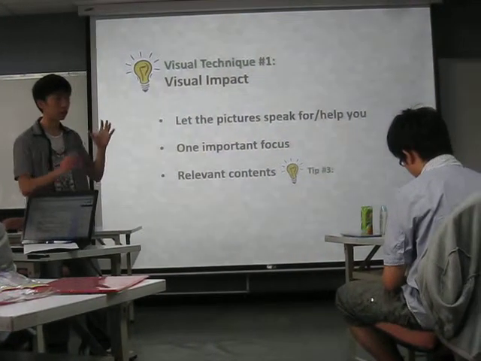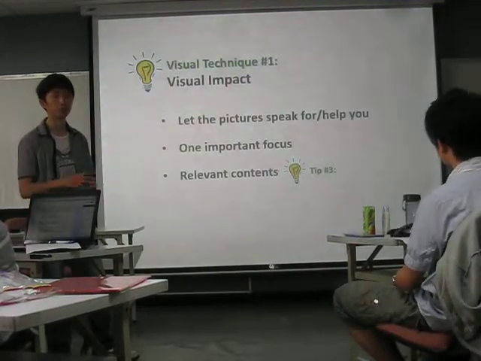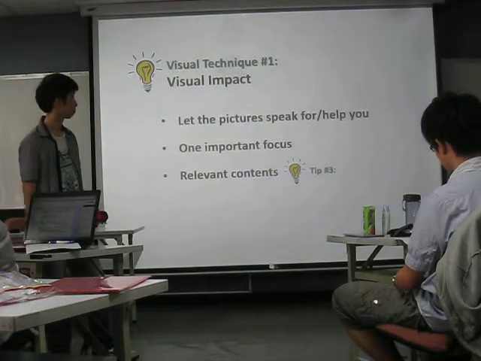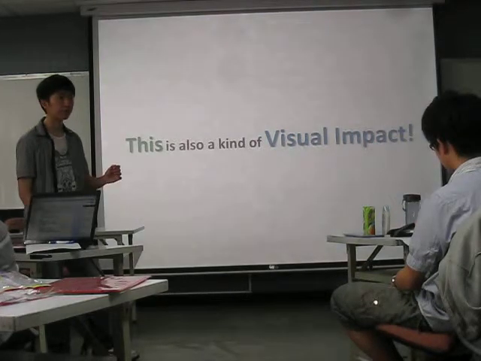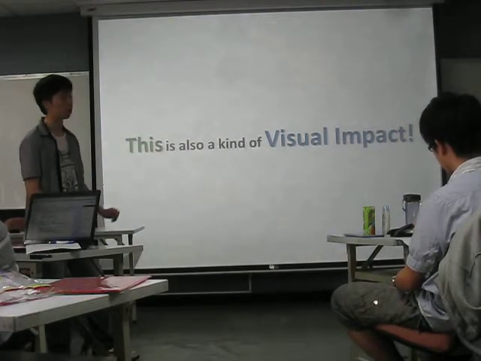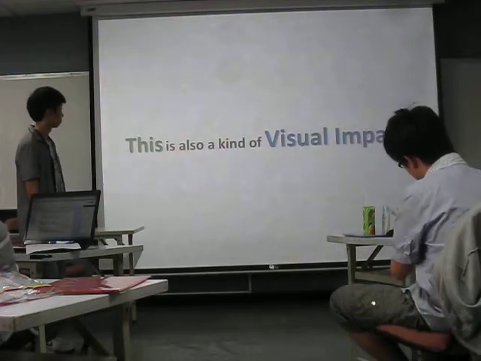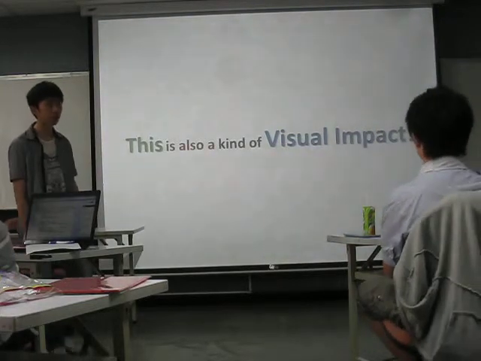The pictures must be relevant in order to enhance the impression or the impact. Powerful words: this kind of writing is also a form of visual impact, by using different colors, different sizes, and perhaps different fonts.